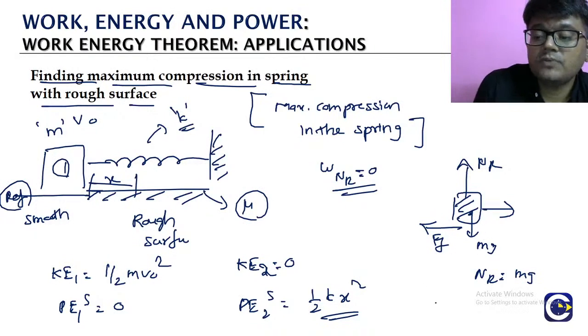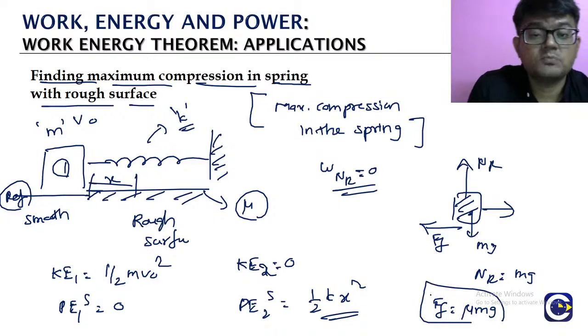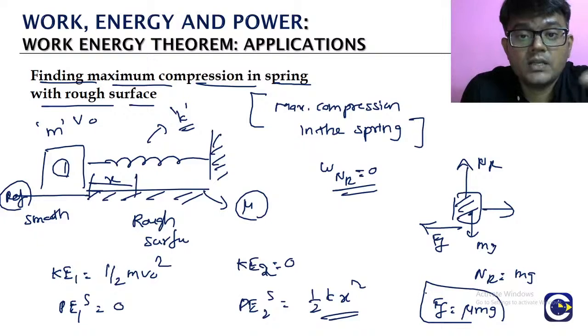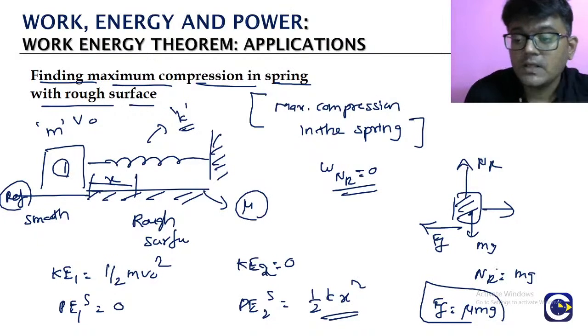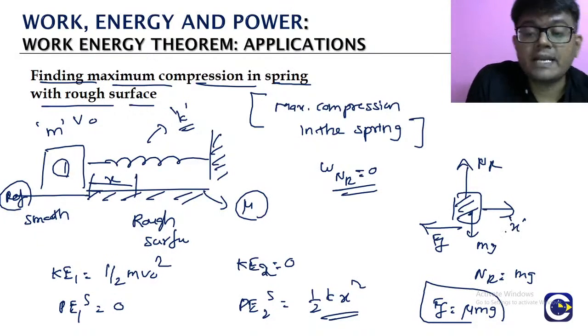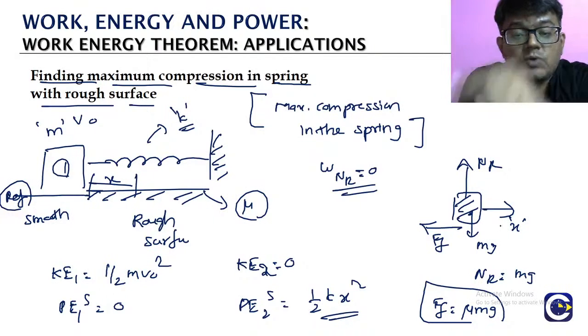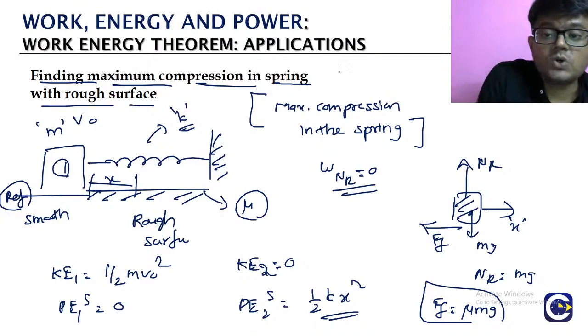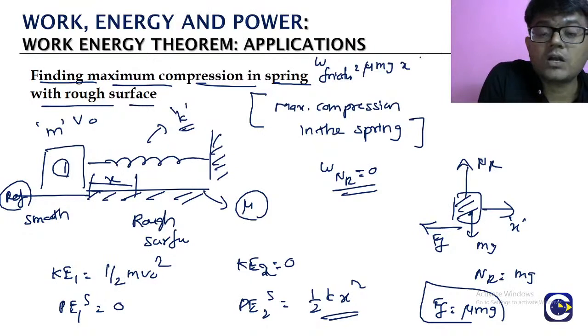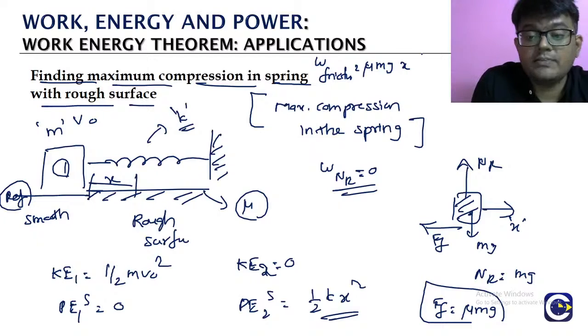So frictional force will be mu into normal reaction, because there is motion, we will have to take it as the kinetic friction. If the block is moving to the right side by a value x, displacement is x to the right side. So work done by the friction will be force mu mg into x into cos theta. What is the cos theta value here? The angle between them is what?